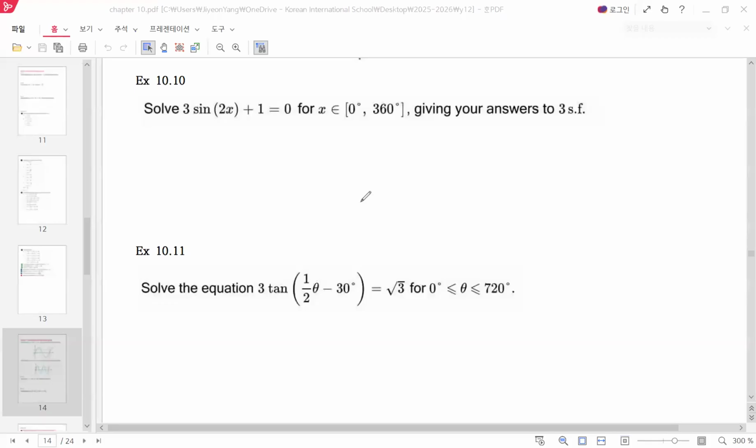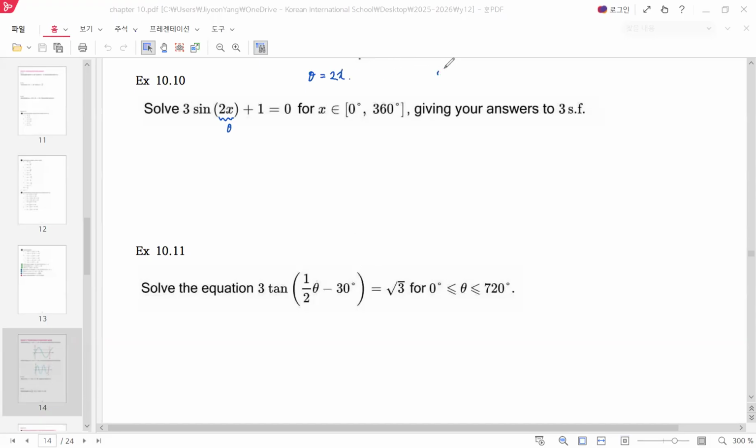Okay, so let's solve this question. Actually, if you think that you are going to solve this type of question by using the graph, I don't recommend it because it's extremely difficult. Just please substitute 2x as theta, okay? So theta equals 2x.